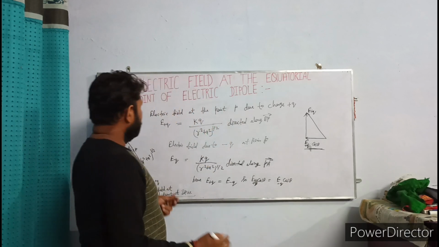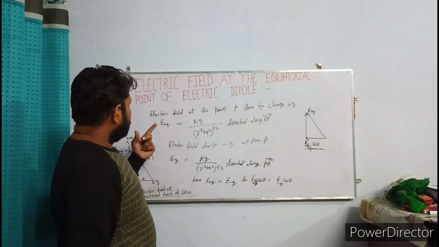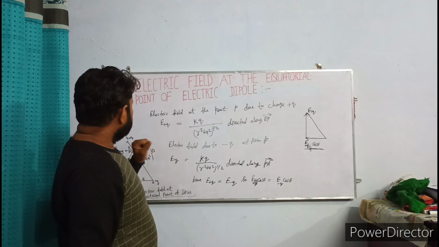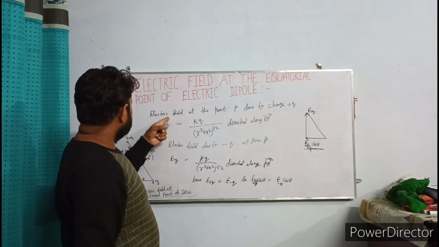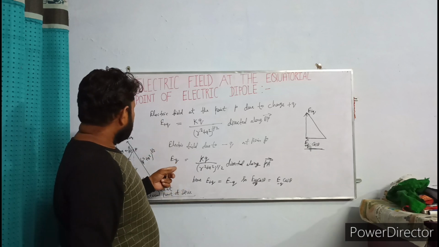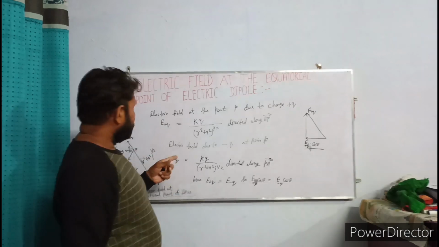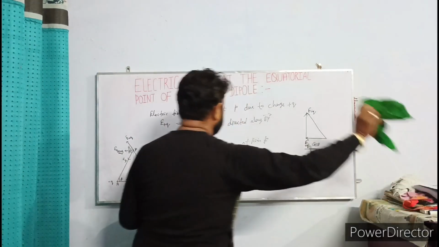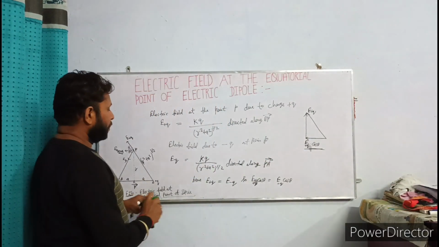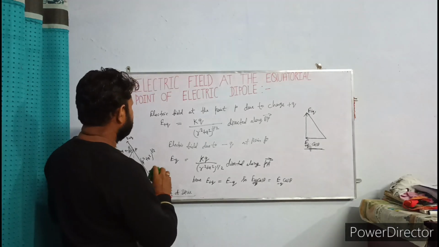We have to take only E plus Q cos theta from this one, and E minus Q cos theta from the other. I hope you have noted this down.